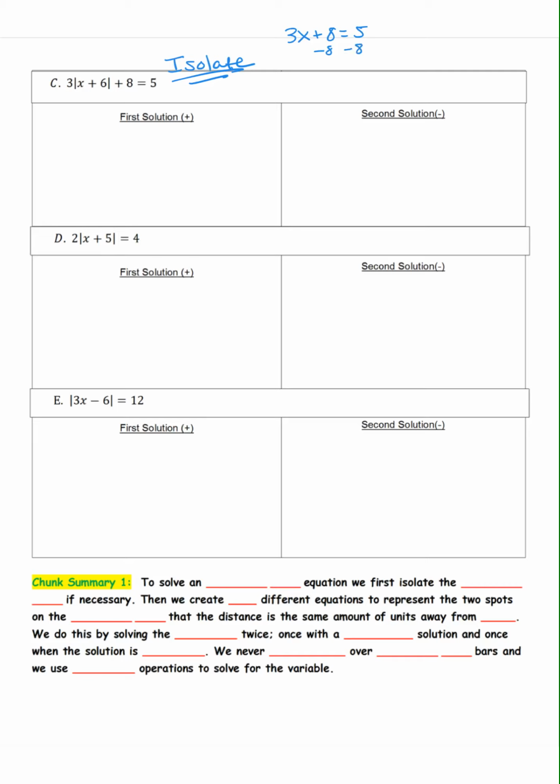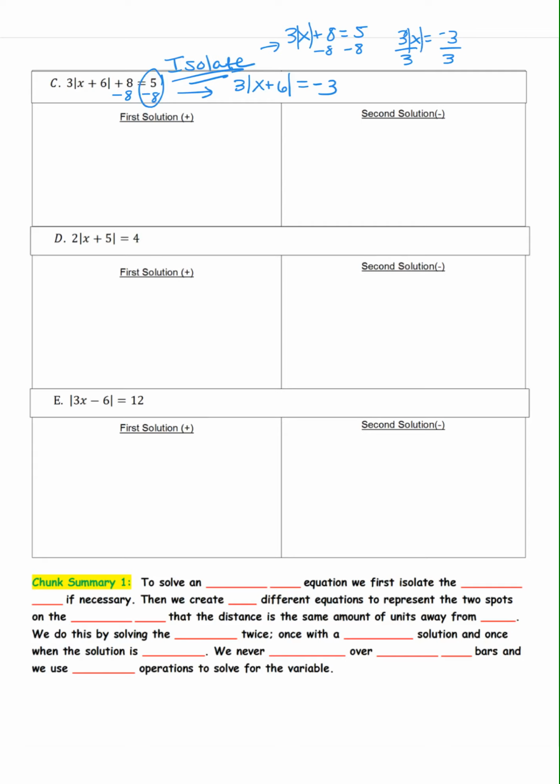But instead, we've got absolute value bars around this x. So I'm going to move 8 here, just like I would in this problem. And I get 3 times the absolute value of x plus 6 equals, and then 5 minus 8 is negative 3.